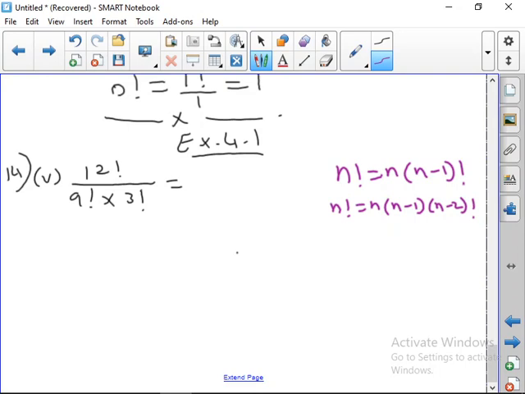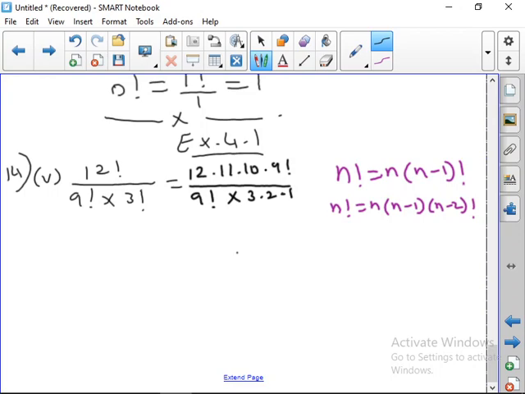So using this we can write 12 factorial as 12 into 11 into 10 into 9 factorial, divided by 9 factorial into 3 factorial, which is 3 into 2 into 1.